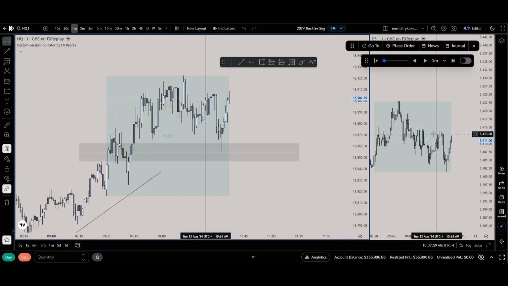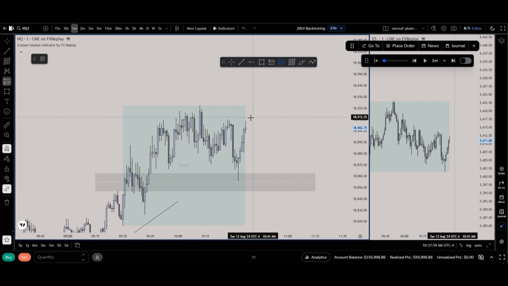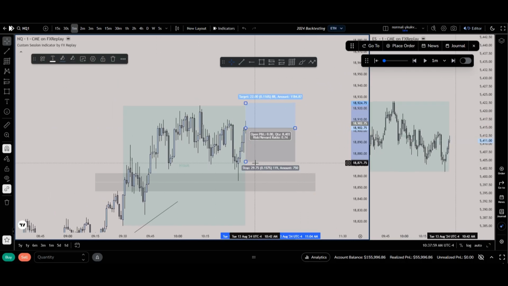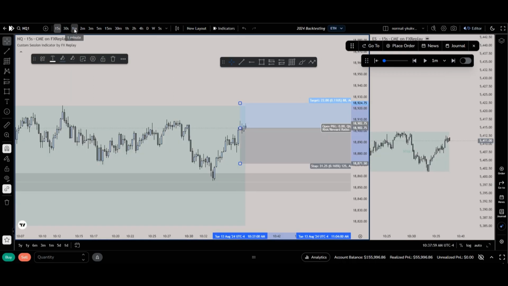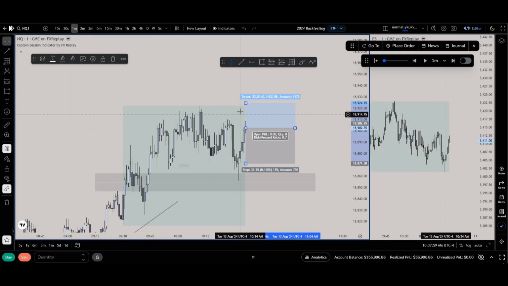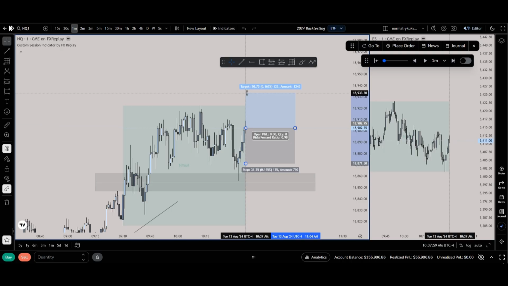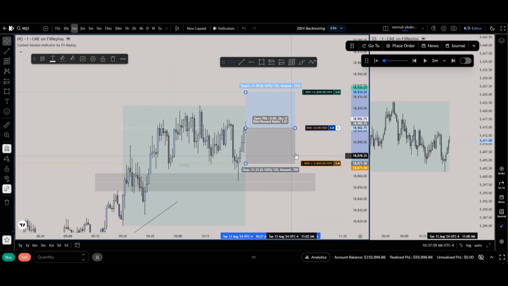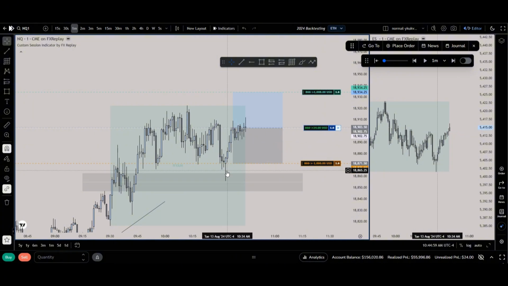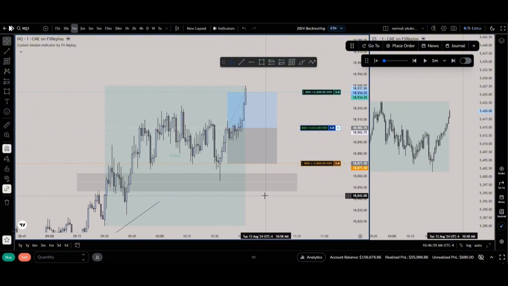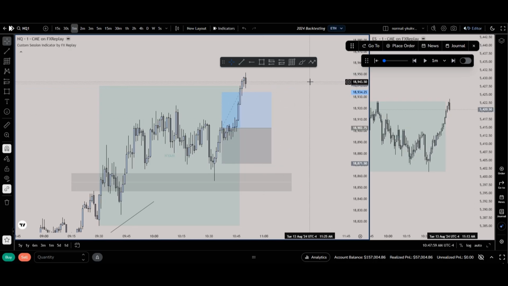Yeah. I like how ES has slanted highs though. I'm definitely gonna be watching ES on this. Because that was also 1030 PO3. So there we go. Nice.